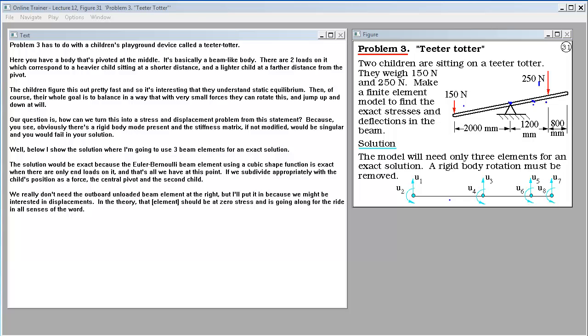The solution would be exact because the Euler-Bernoulli beam element using a cubic shape function is exact when there are only point loads on it, and that's all we have at this point. If we subdivide appropriately with the child's position as a force, the central pivot, and the second child, we really don't need the outboard unloaded beam element at the right, but I'll put it in because we might be interested in displacements. In the theory, that should be at zero stress and is going along for the ride in all senses of the word.